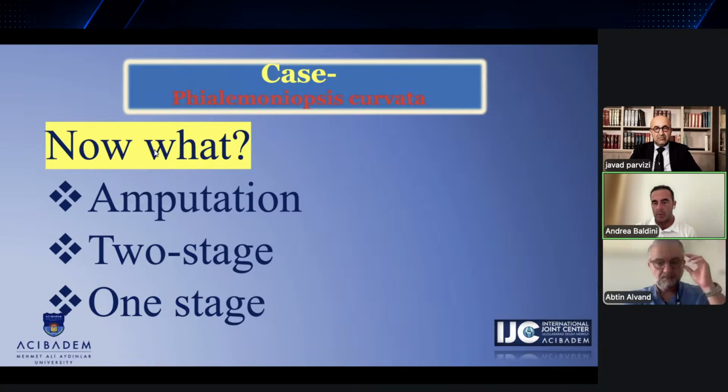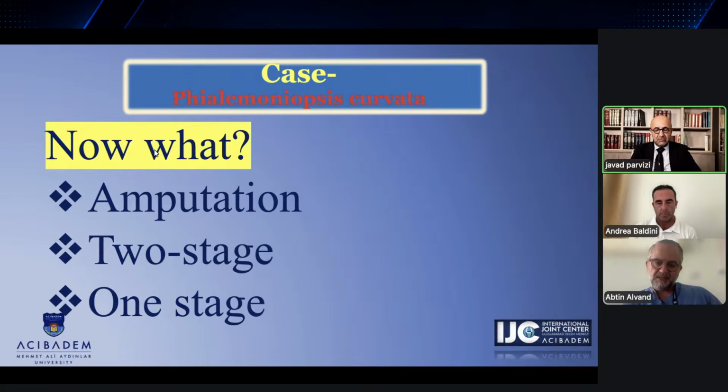Even the new papers coming on, the one stage cases are more straightforward cases than this one. So I would be a little bit. This is the case where I do a two stage, even if I'm switching more for a one stage. Okay, but it's interesting, but you're choosing reconstruction in this situation, right? Yes. And the same, Abtin, would you do reconstruction?